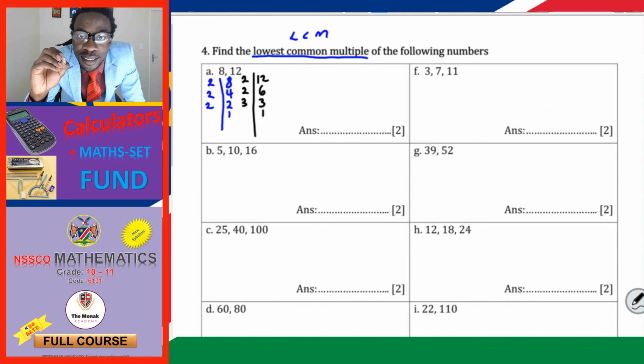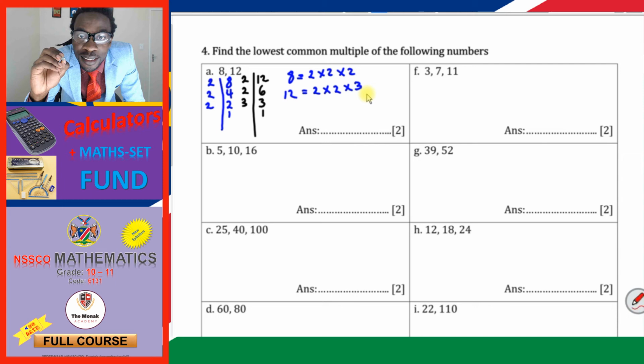And then we try 3, we get 1. Alright, so let's rewrite. We have 8 equals 2 times 2 times 2. And then 12 is 2 times 2 times 3.